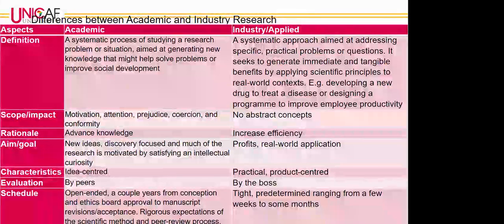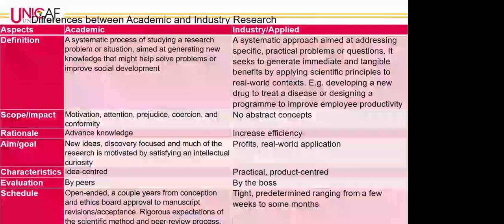Now, in terms of scope impact, for academic, this is motivated attention, prejudice, there's cohesion and conformity in it, whereas for the industry operational applied research, you don't have to bother with the abstract concepts. In terms of the rationale behind this, academic is to create new knowledge or to advance existing knowledge.